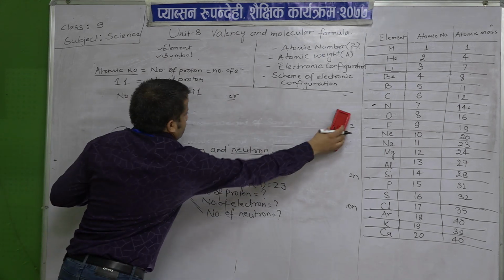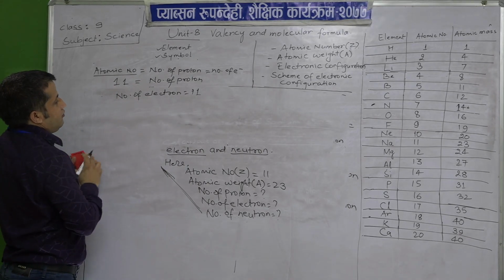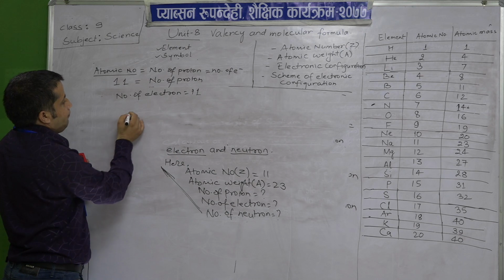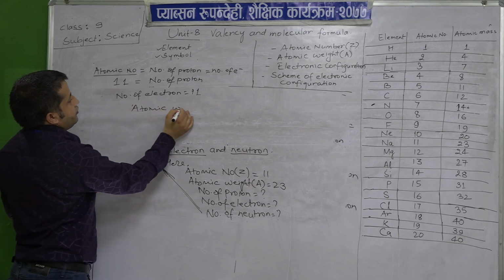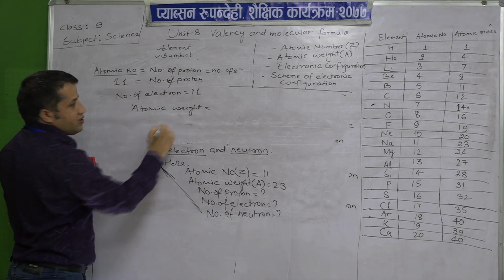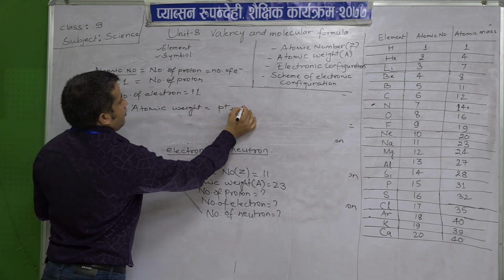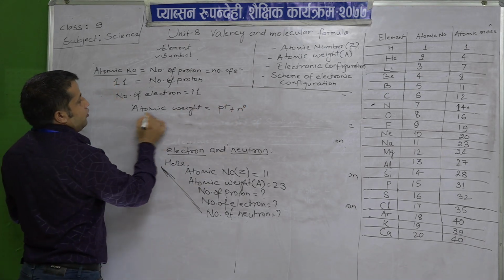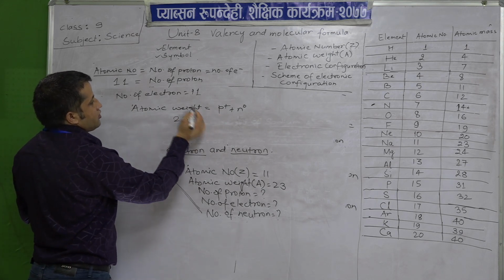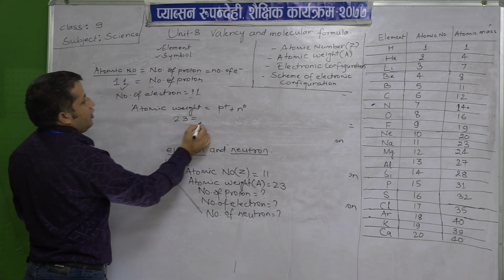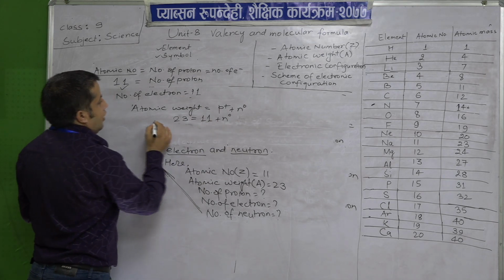Now what is the number of neutron in the nucleus of sodium? So atomic weight is given as number of proton plus number of neutron. In short I am writing. So atomic weight is given to us as 23. So 23 equals proton, that is how much present? Proton we have found here is 11 and neutron number we have to find. Okay.